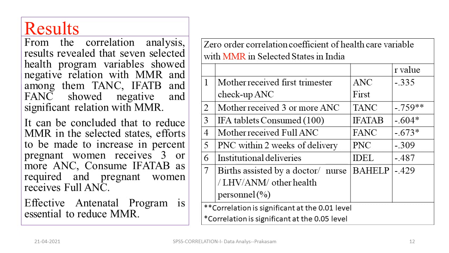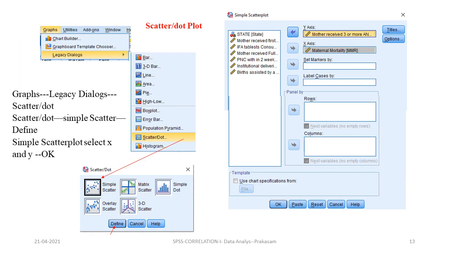That means if MMR is more, the percentage of women accepting these health program variables is less. Therefore, it is negatively related. That's why we have to increase the health program variables. Therefore, MMR will decline. Effort of the antenatal program is essential to reduce MMR. That is our conclusion. Let us see another one.